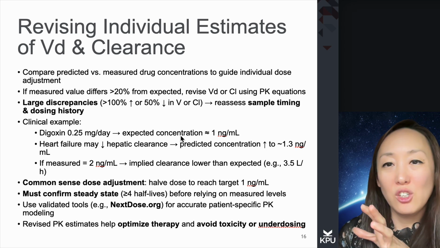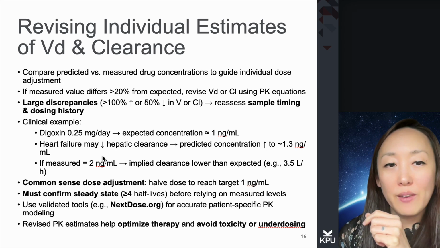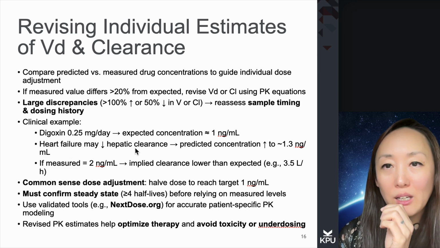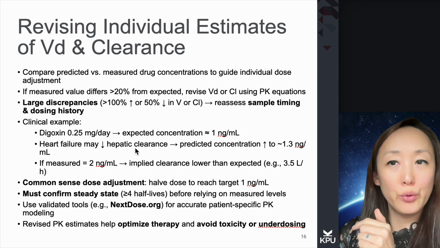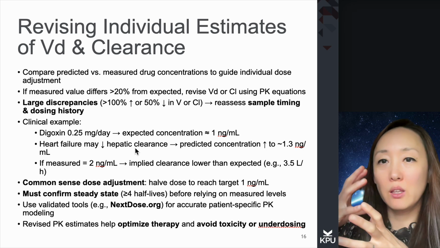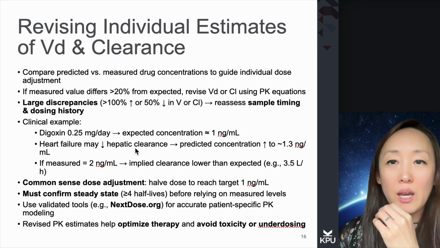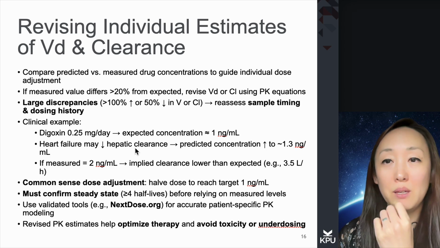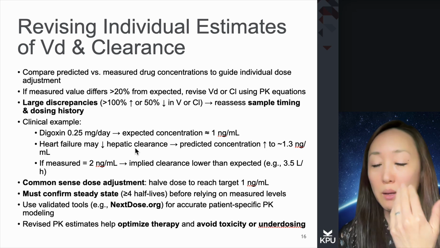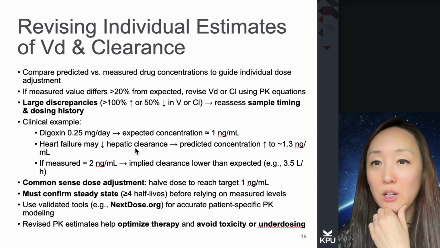But if this patient has heart failure, the heart failure would reduce hepatic clearance due to congestion with blood pooling in the liver, and hypoxia, meaning not enough oxygen going to the liver because the heart is not able to circulate oxygen.